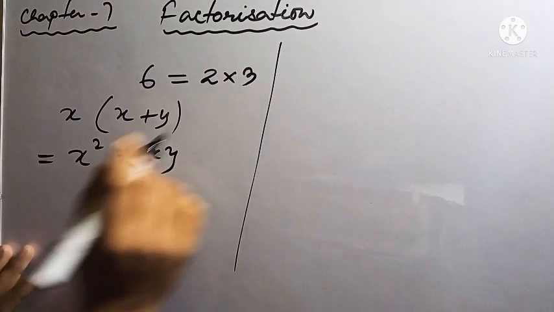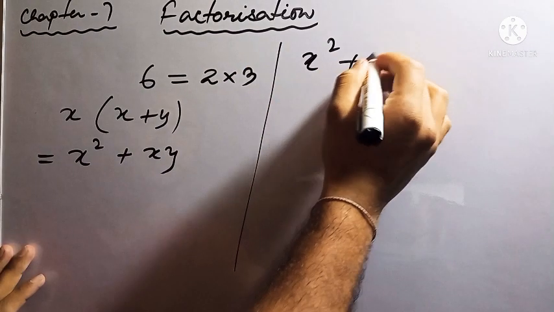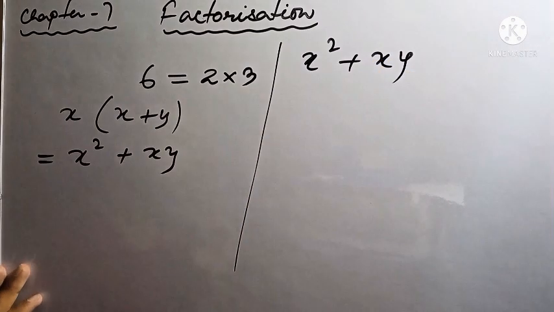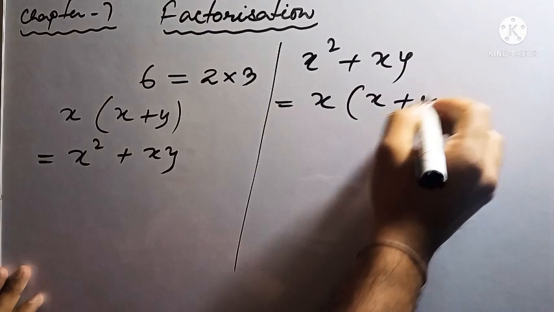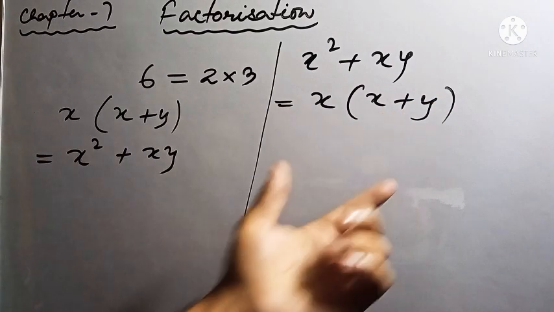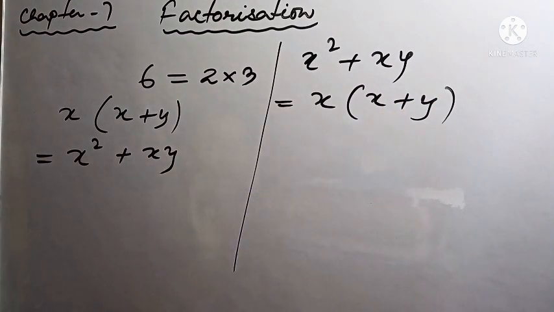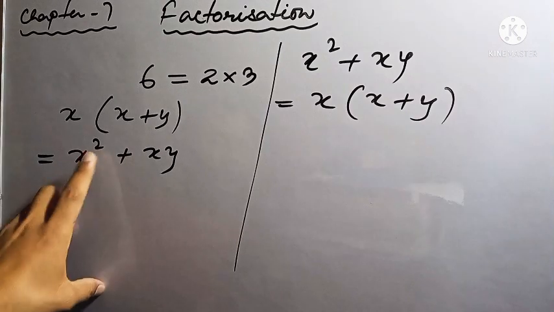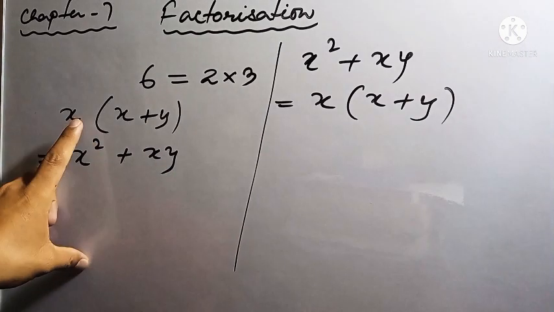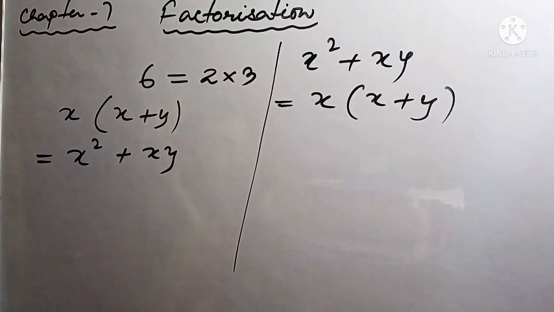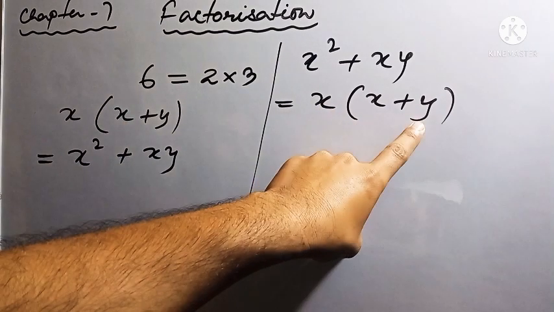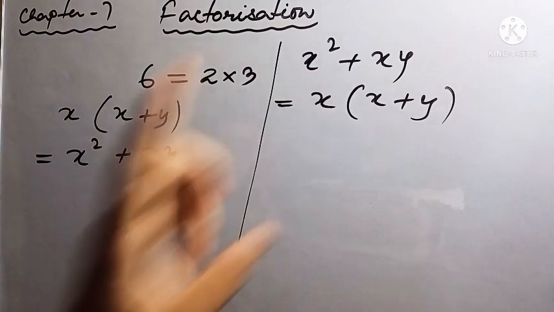If I give you this x square plus xy, definitely you will be able to write x into x plus y. Later on we'll study how to find all this, but as of now, as we get x square plus xy from the multiplication of x and x plus y whole, I'm sure you will be able to get x into x plus y from x square plus xy.